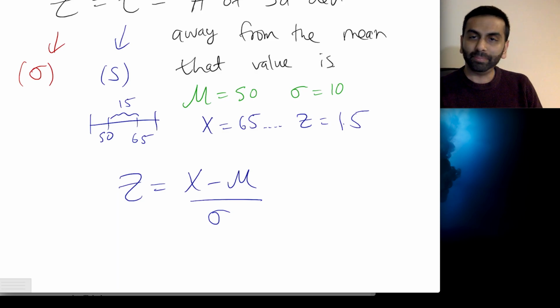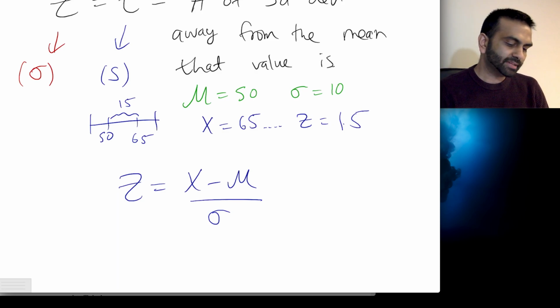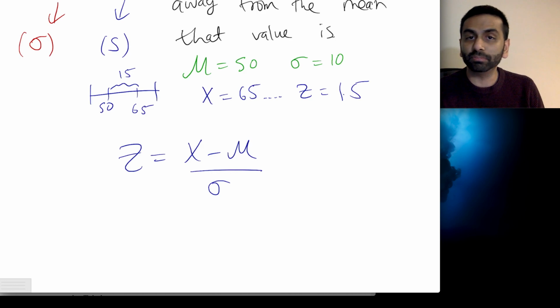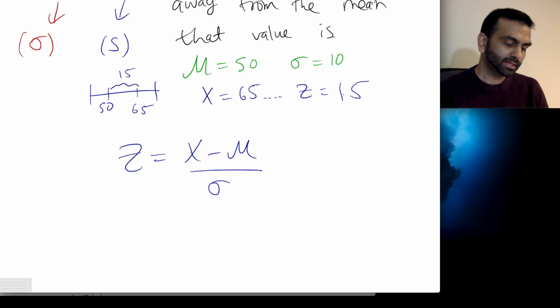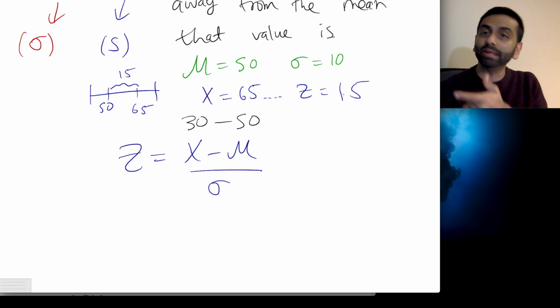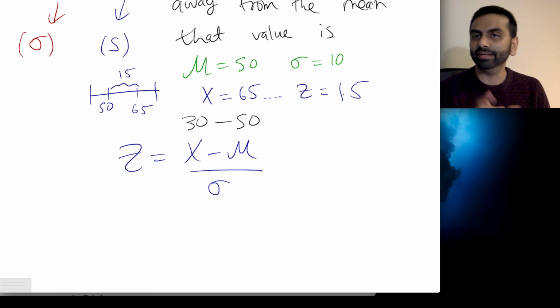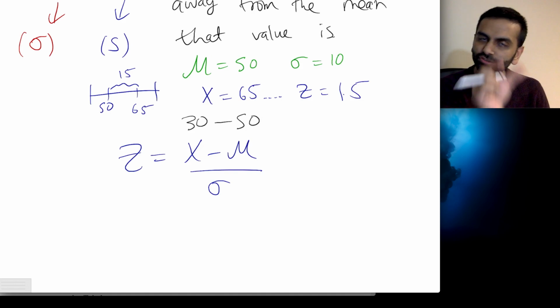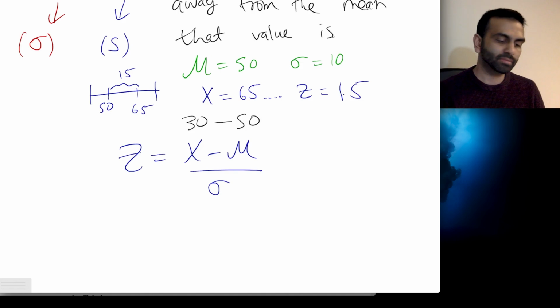Now, this is something that could be negative or positive. If the mean is 50 but you're only at 30, then 30 minus 50, you're 20 below the mean, and if your standard deviation is still 10, then your z is negative 2 because you're 2 of those 10s below the mean.